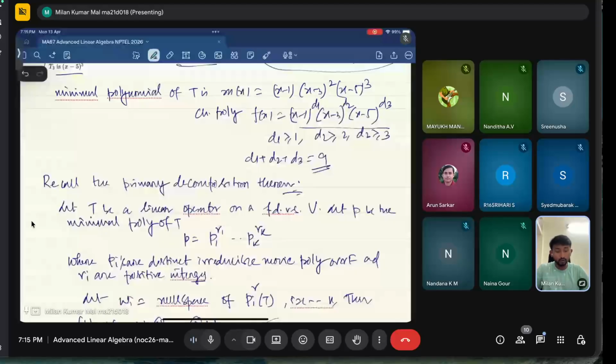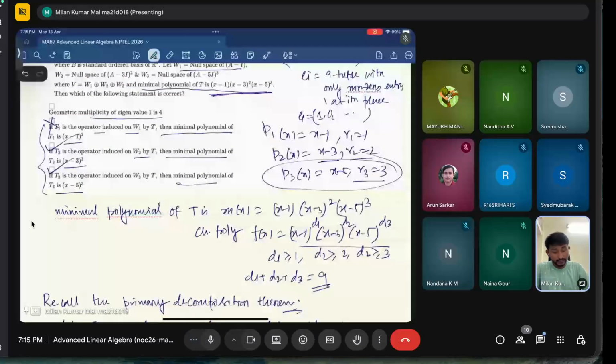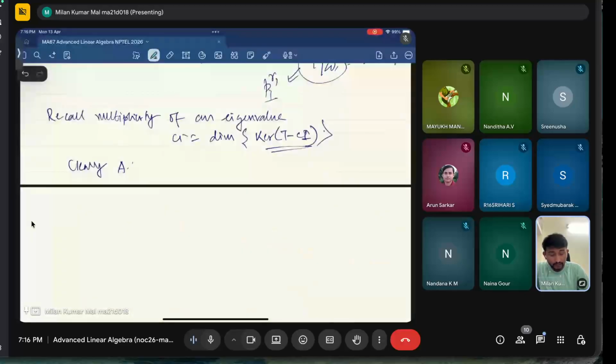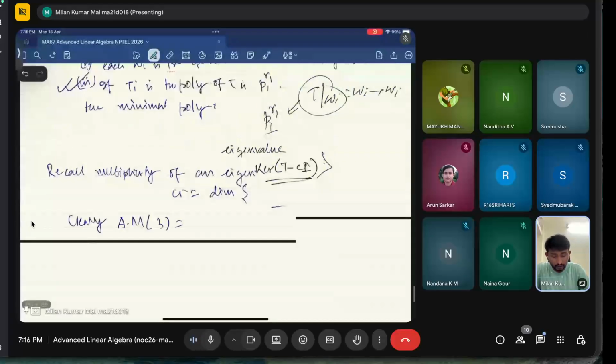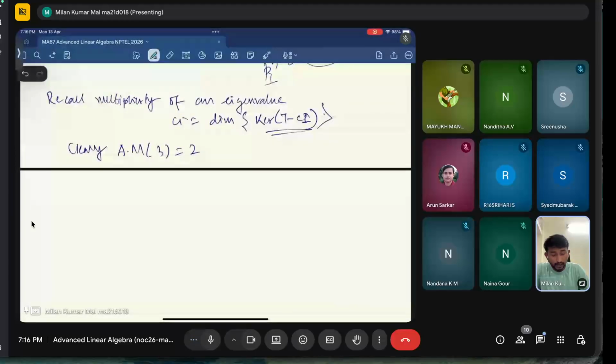So from here, what we can say is that the algebraic multiplicity of 3, the second eigenvalue, has to be greater than or equal to 2, and the algebraic multiplicity of 5 is greater than or equal to 3.